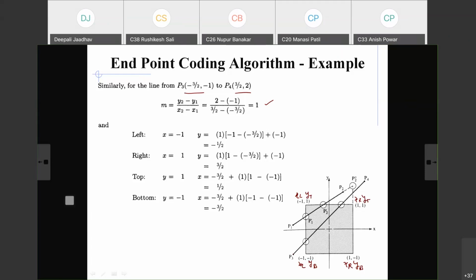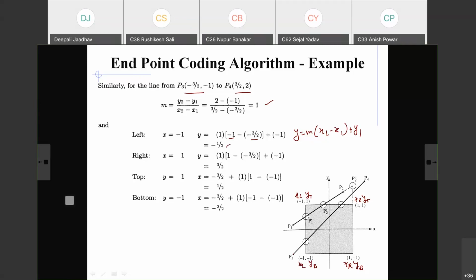First for left, x is equal to minus 1, and y is equal to, with the equation I write here again, m multiplied by (xl minus x1) plus y1. So m is equal to 1, xl is minus 1, minus 3 by 2, plus y1. y1 is also here minus 1. So the result is minus 1 by 2.